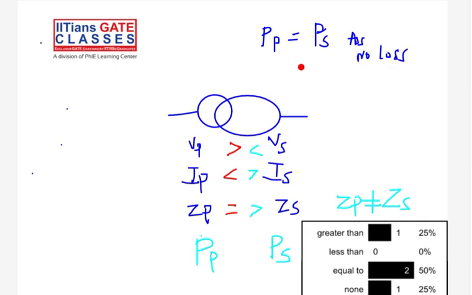And if I have to say PP is greater than PS, the assumption is that there is loss. And the justification for saying none is that the exact, correct statement would be PP will always be greater than or equal to PS.